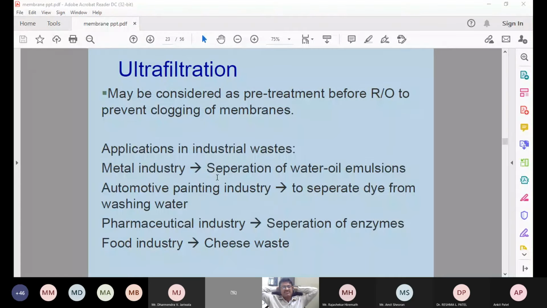Then in pharmaceutical industry also for the separation of enzymes, in food industry also. So if we want to separate the dye from washing water, we use it in the automotive painting industry. Water oil emulsions can also be separated by using this. So these are all the applications of ultrafiltration in the industrial waste.